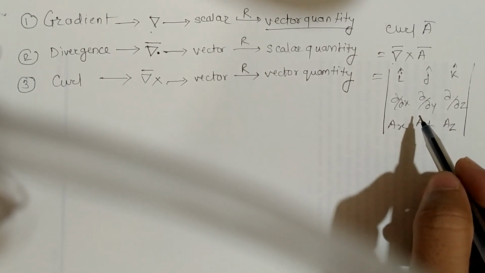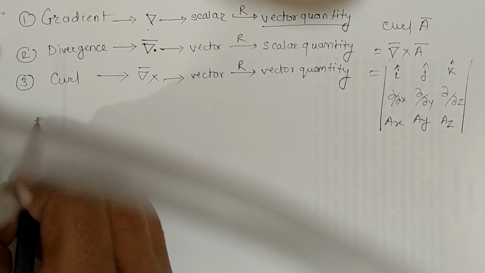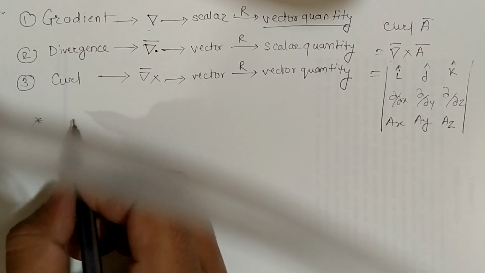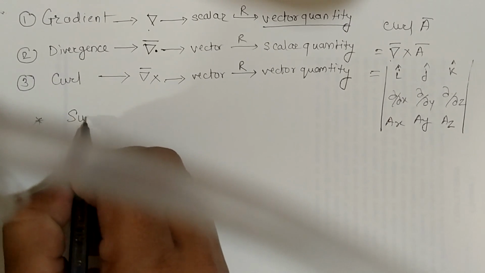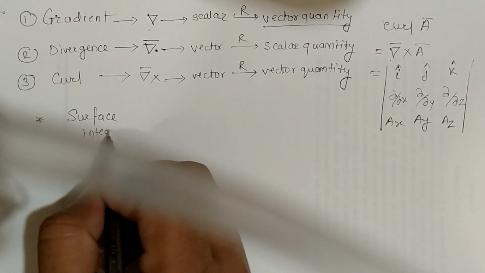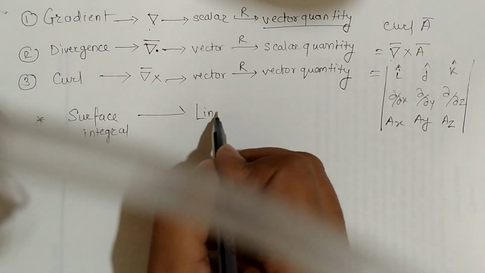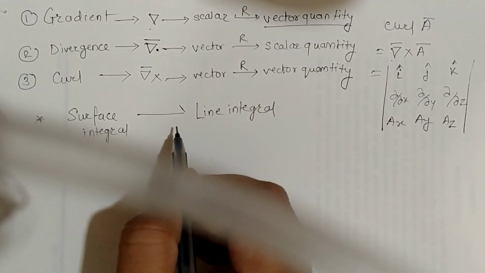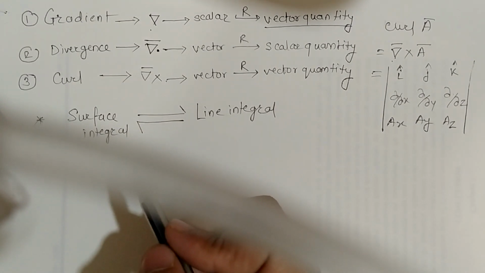With this concept, today we are going to see an important point from electromagnetic field theory, and that is the conversion of a surface integral to a line integral, and at the same time a line integral into a surface integral.